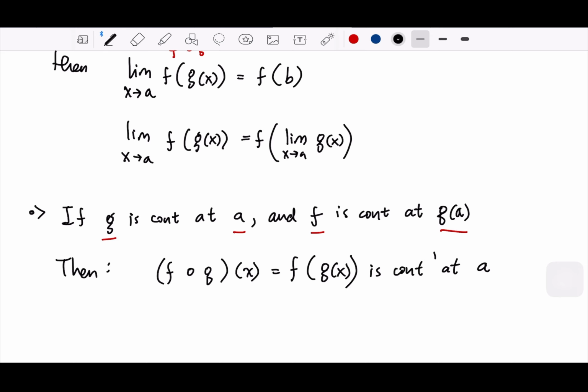Okay, and the last part on continuity is the intermediate value theorem.